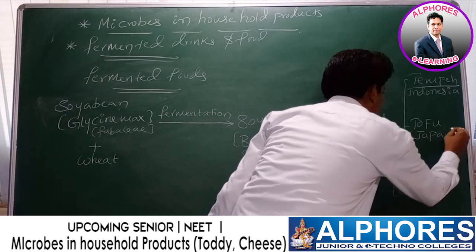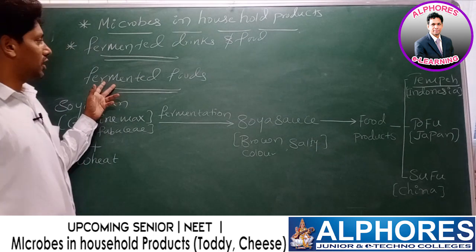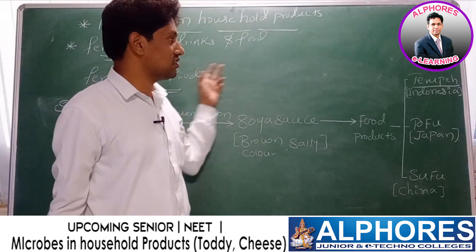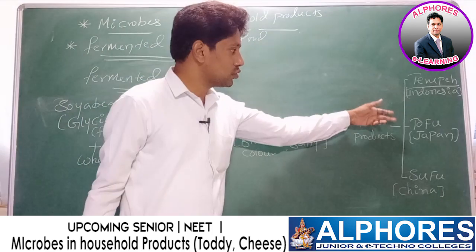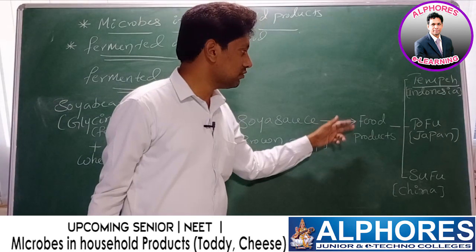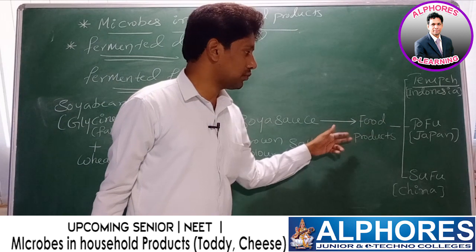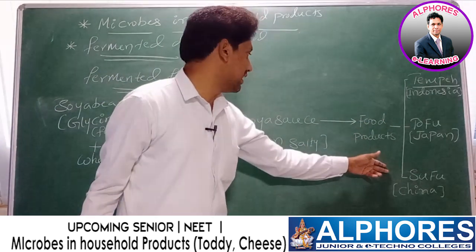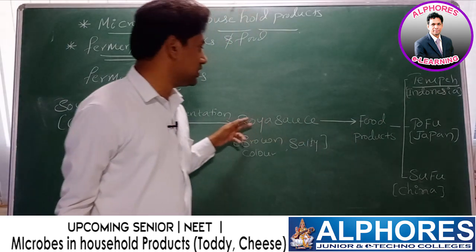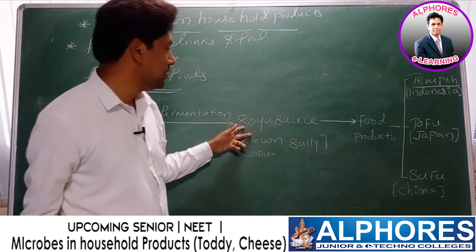Therefore, the best examples for fermented foods are tempeh, tofu and sufu. These food products are obtained from soya sauce.